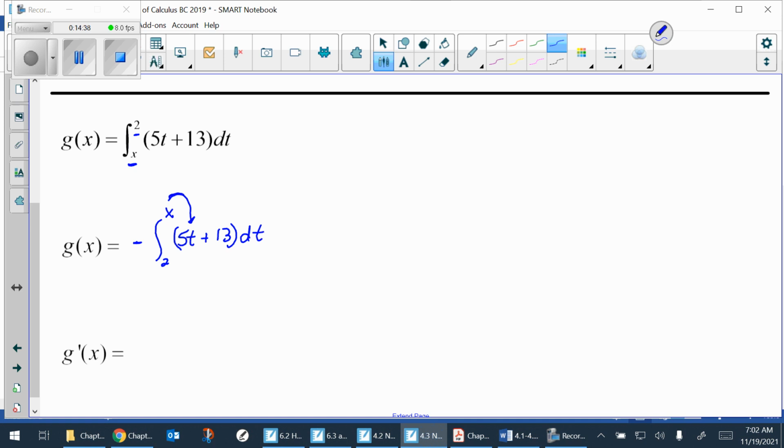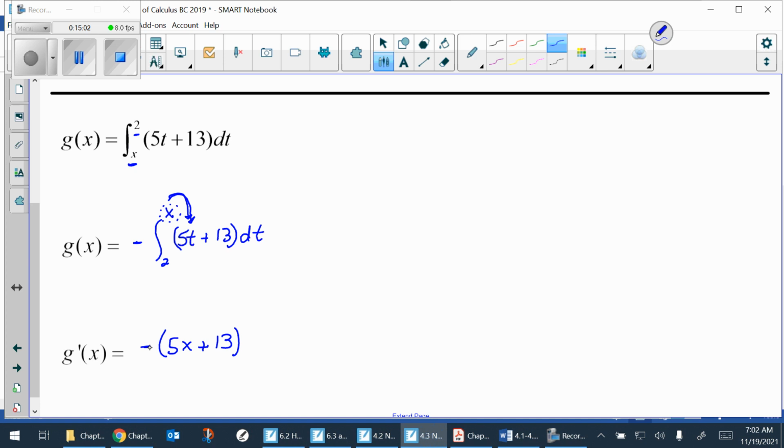All right, I'm going to drop my x in place here, and I'm going to get 5x plus 13. Since it's a plain old x, whether I worry about or even forget about multiplying by its derivative, I'm going to get the same answer. I'm just going to take the opposite of it.